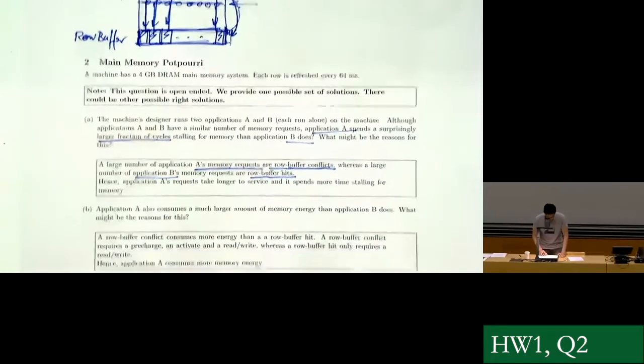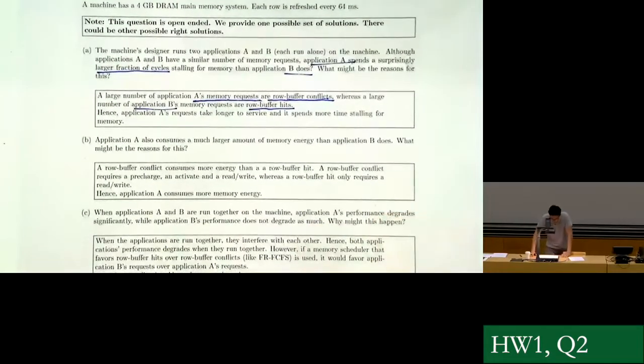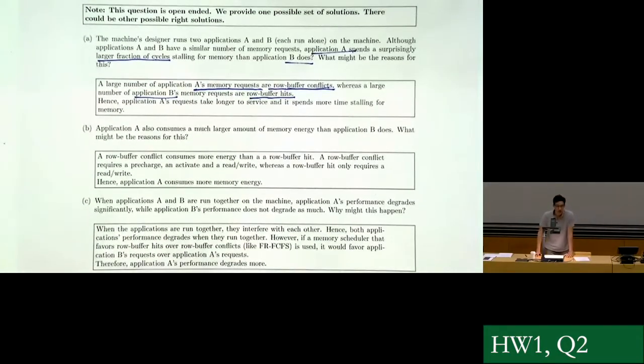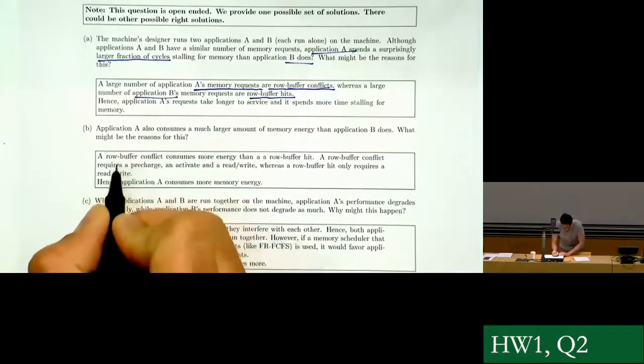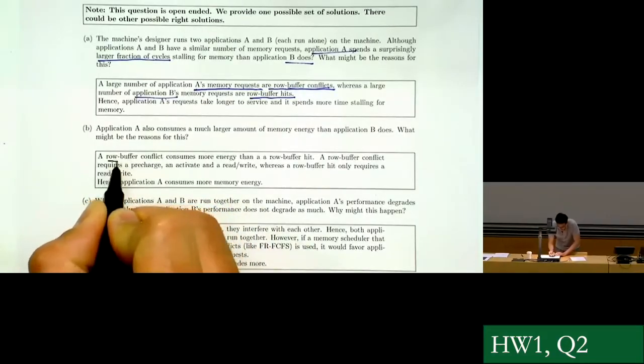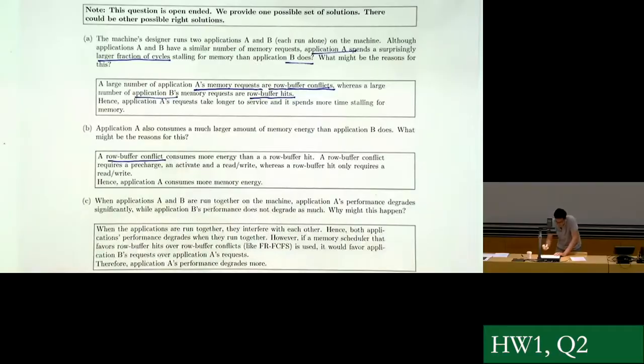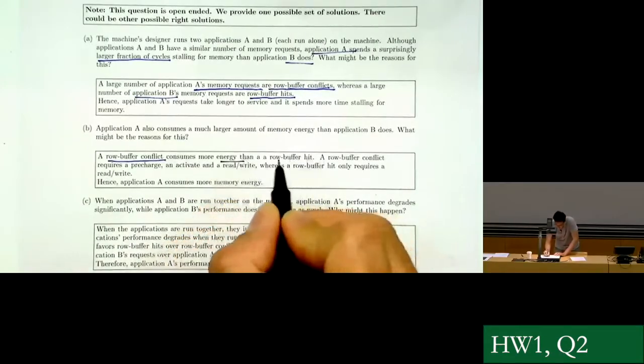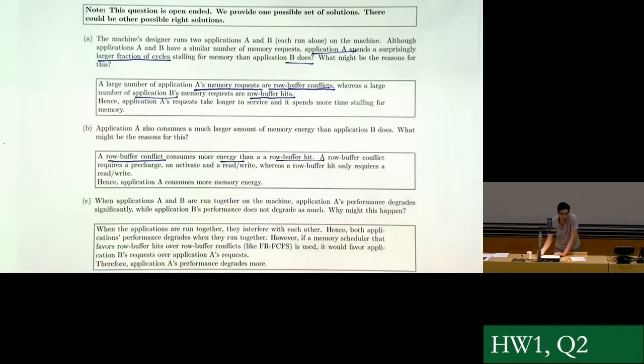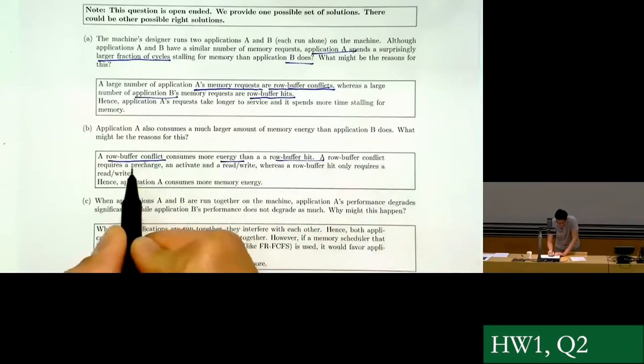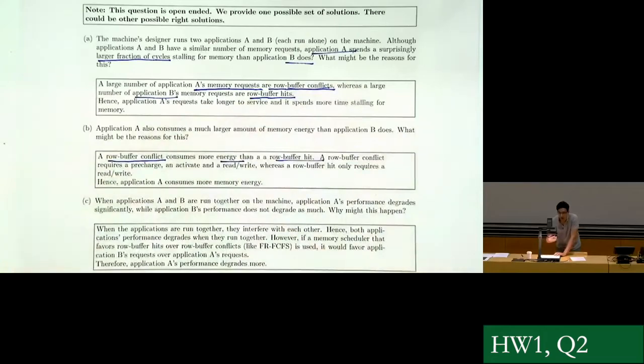Part B says application A also consumes a much larger amount of memory energy than application B. What might be the reason for this? The reason is the same. There are many row buffer conflicts for application A, and a row buffer conflict takes more energy than a row buffer hit. Why is that? It's simple to understand that the row buffer conflict requires more operations.